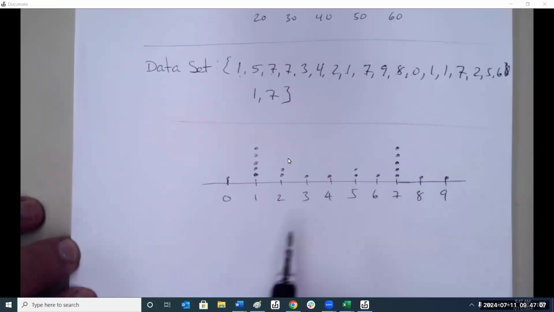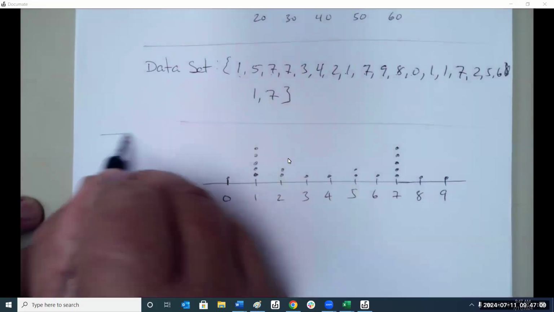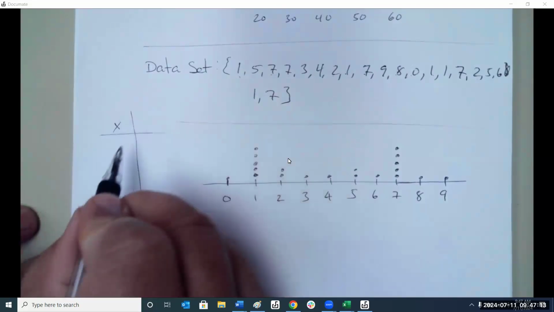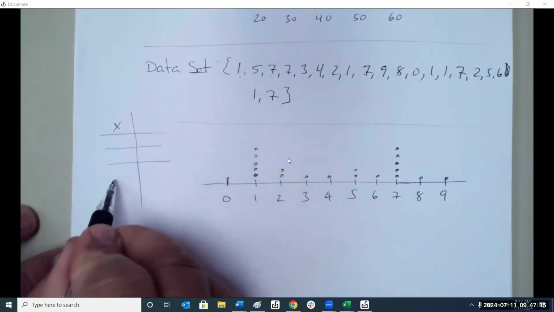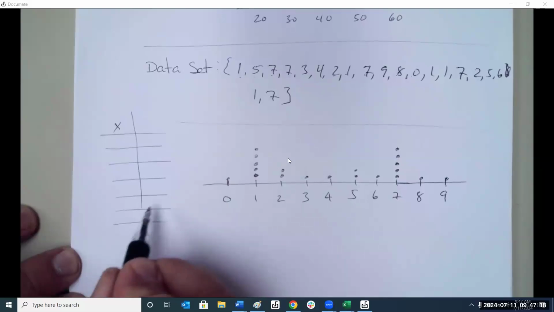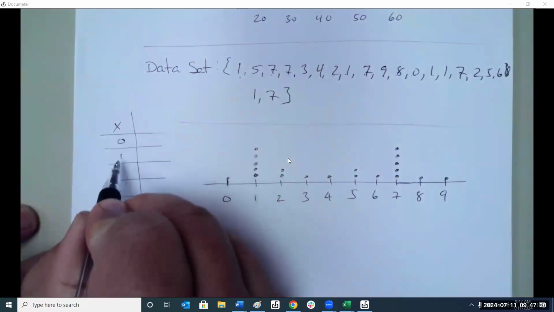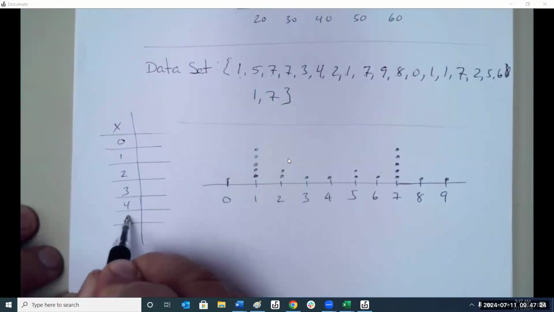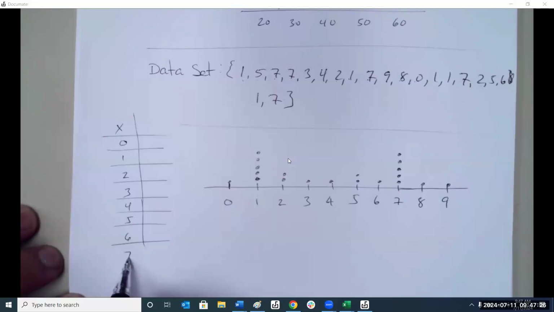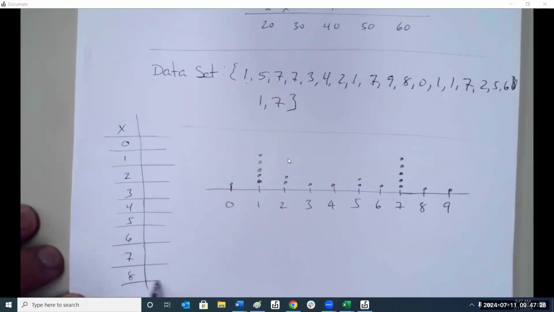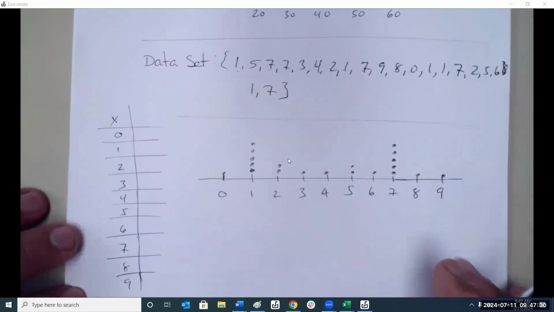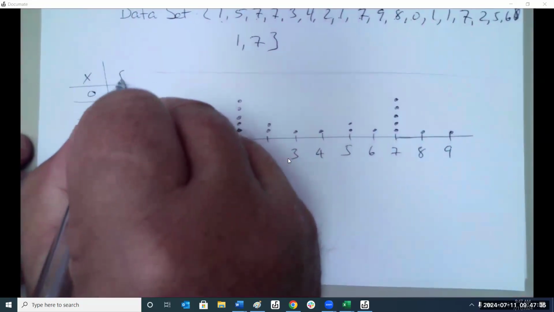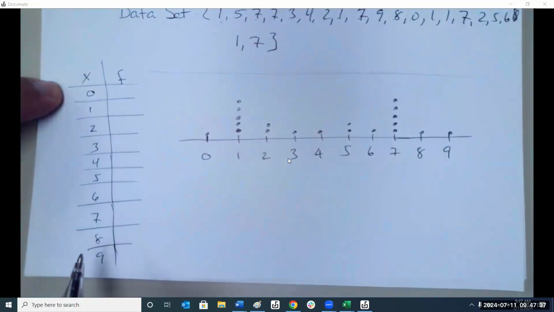And if we think about this, we can create a frequency chart. Here are our outcomes. Our outcomes are possible from 0 to 9. And the frequencies, so how many zeros do we have?